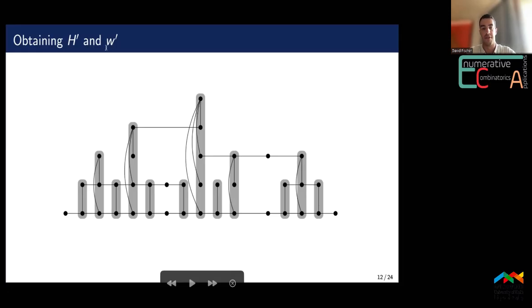And the way we're going to define W prime is we obtain it naturally from W. So we say that the weight of this large vertex in H prime is equal to the sum of the individual weights of these vertices in H. And one more thing, terminology wise, we're going to refer to these top vertices of each of these super vertices as the representative of that respective super vertex. So, for example, this vertex in H is the representative of this whole super vertex of H prime.